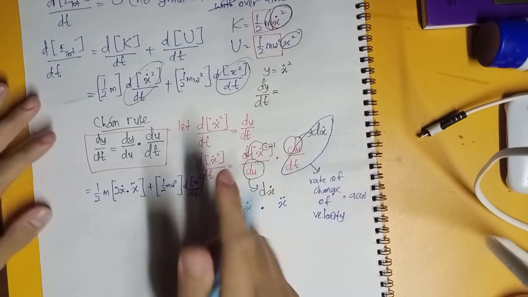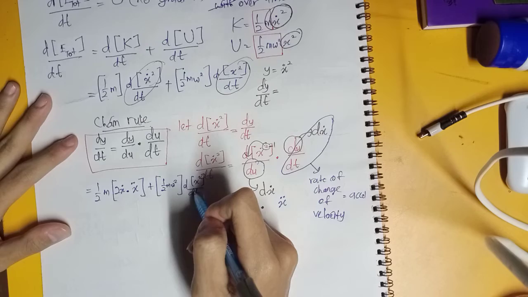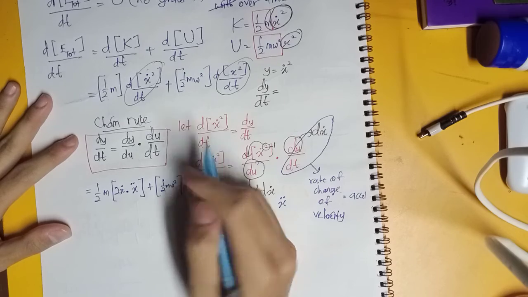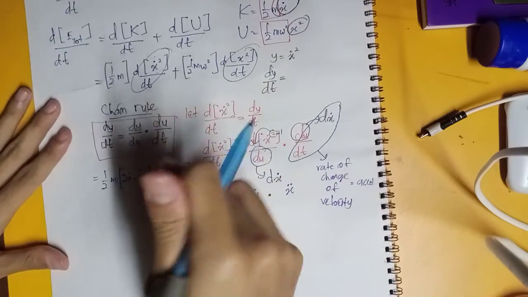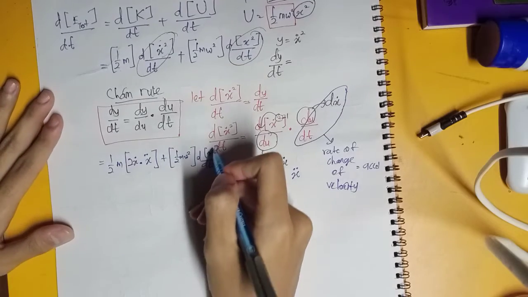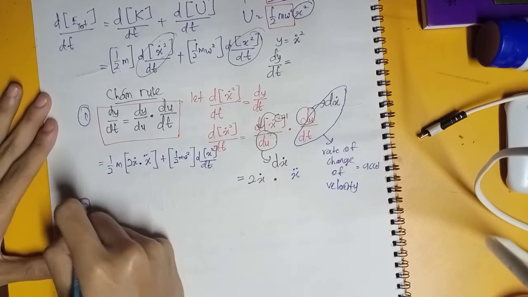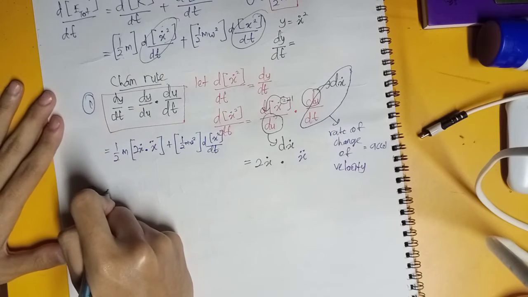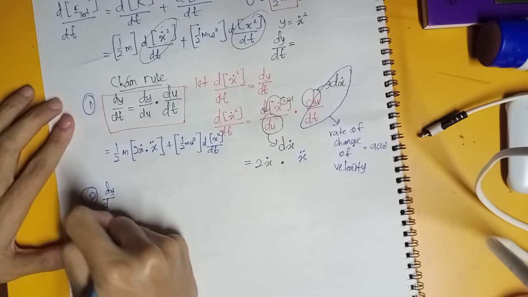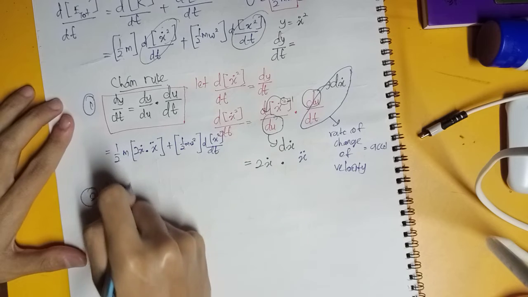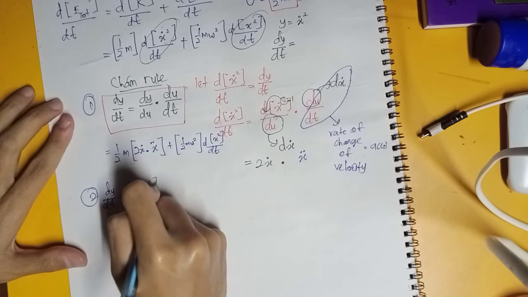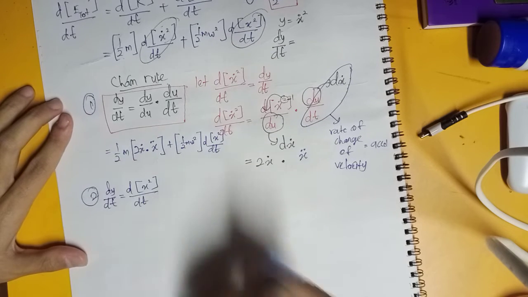Now we want to differentiate x squared with respect to t. Again, we cannot differentiate it directly because there is no variable t inside the equation. So here we have to use another chain rule. So this is the first, now you have to use the second one. So dy over dt is equal to d(x squared) over dt.